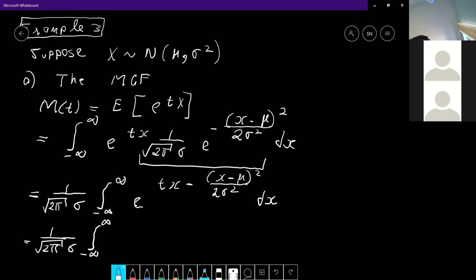You can take the common factor 2 sigma squared. Okay, before we do that, let me try to expand this term here. So you get minus... no, I shouldn't do this.